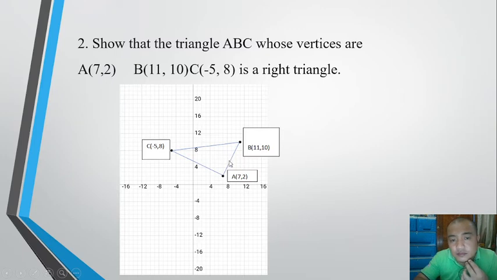Seemingly the given triangle is a right triangle, but we need to show it. How can we show that this is a right triangle? That's very easy. All we need to do is to use the distance formula and the Pythagorean theorem.